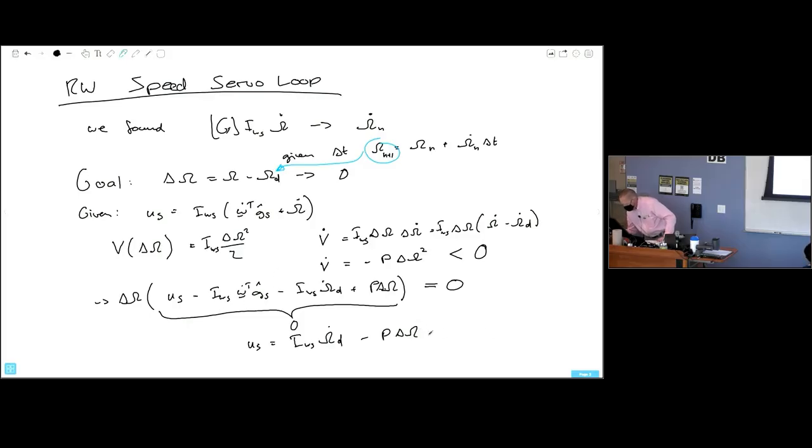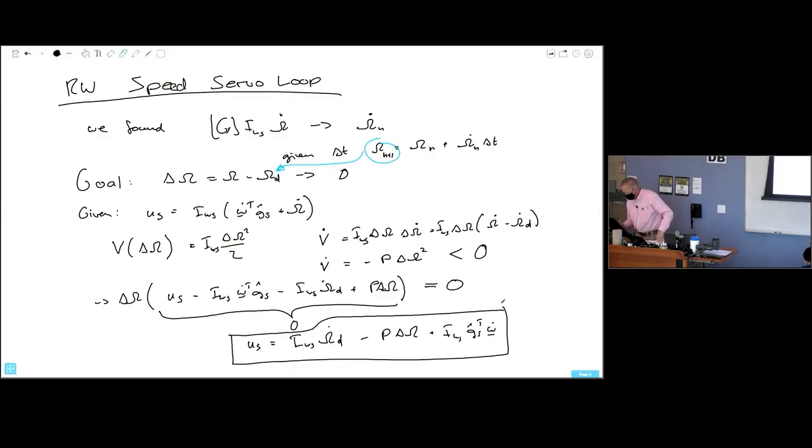And this goes over to the other side, so that will be plus IWS GS hat omega dot. I factored out del omega, so it's going to be P delta omega. Okay, yep. So if I can draw that properly, this boxed equation, that's your motor torque equation for a servo loop.